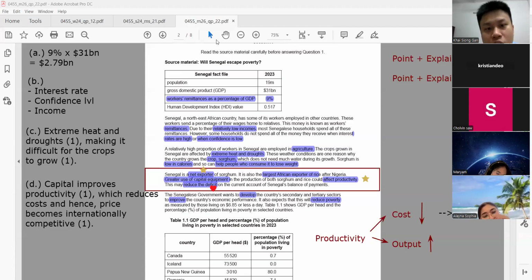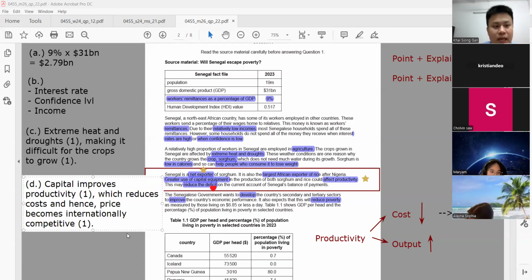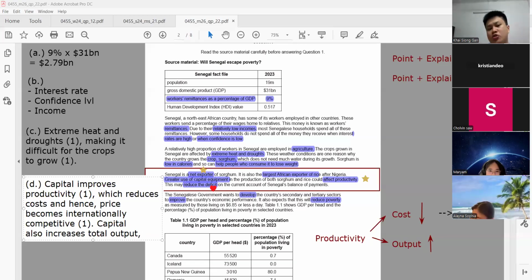Correct. Okay, next one. I want to say also about productivity, right? We talk about productivity already, so capital also increases output, total output. Okay, capital also increase total output.